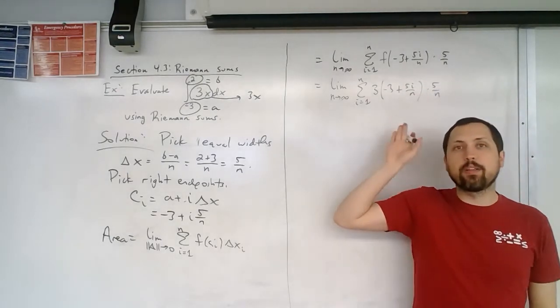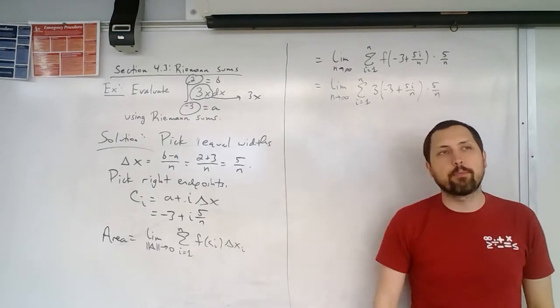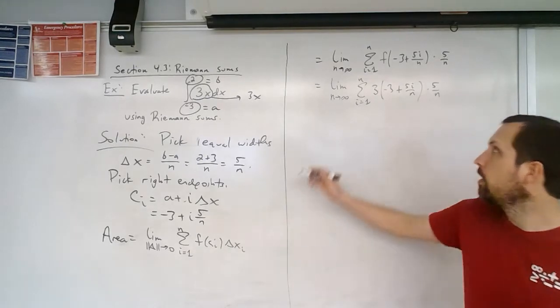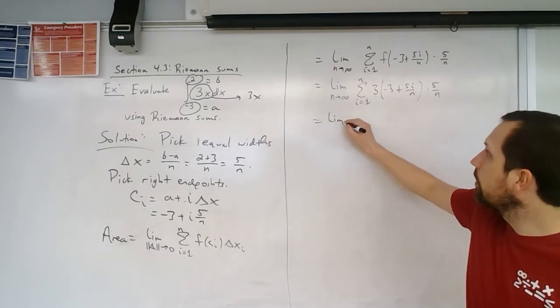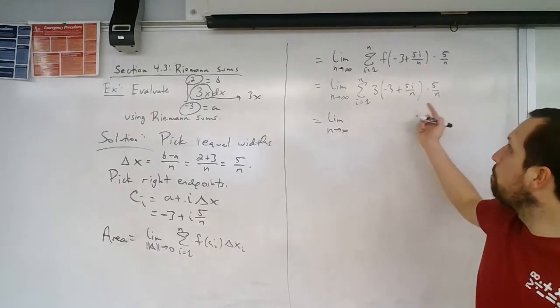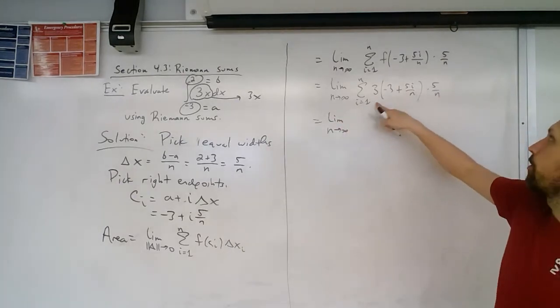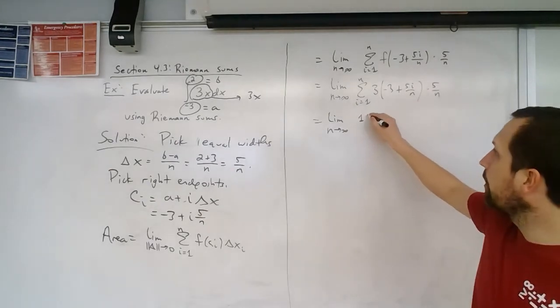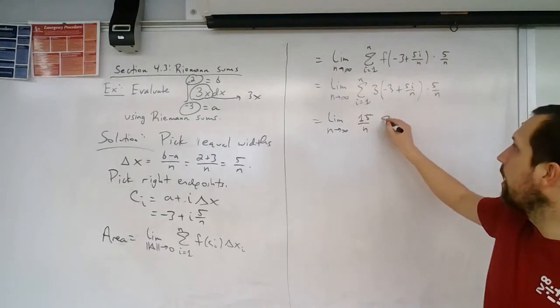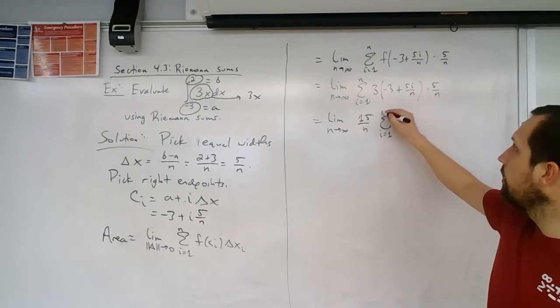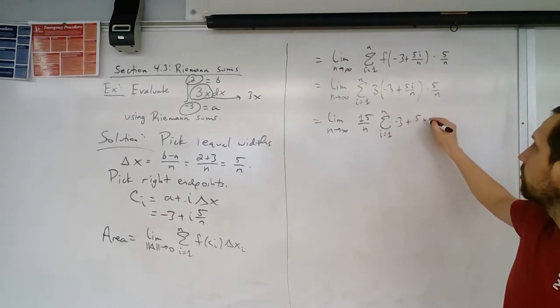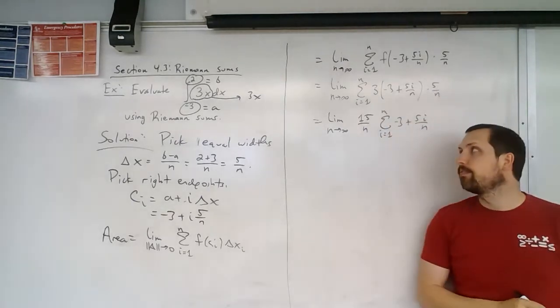And then we're just working with this sum the same exact way that we worked with all the other sums. We have the limit as n tends to infinity. I pull out my constants. Here I have a 3 times 5 over n. I pull out a 15 over n. And I have the sum from i equals 1 to n, -3 plus 5i divided by n.